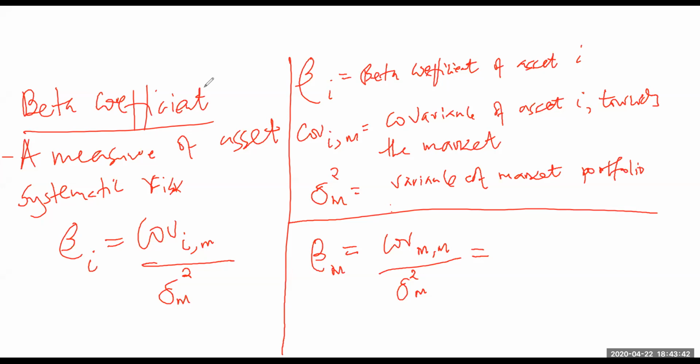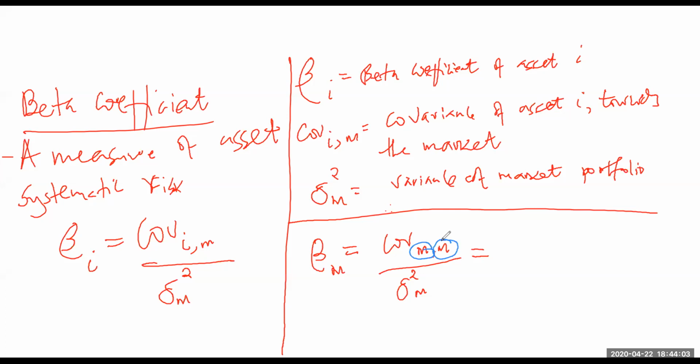Now, don't forget to the rest that the covariance of an asset towards itself, here M towards M, is simply the variance of that market.